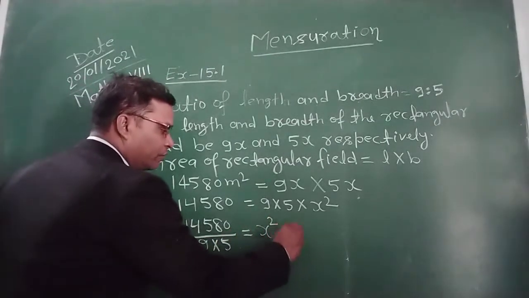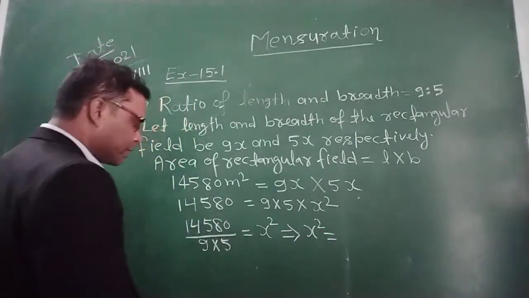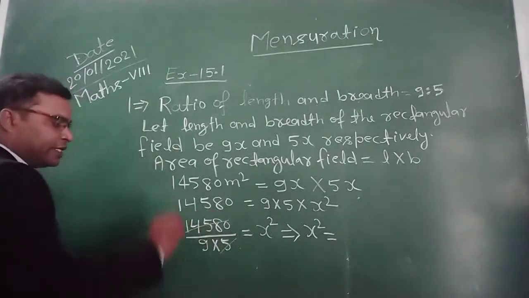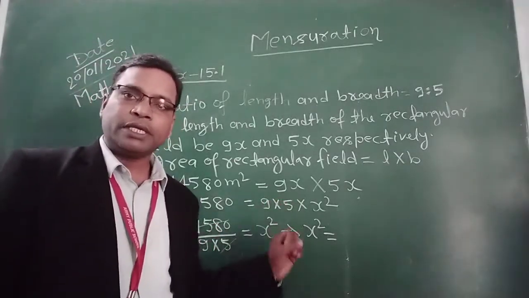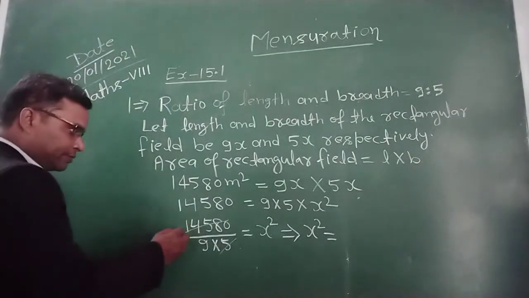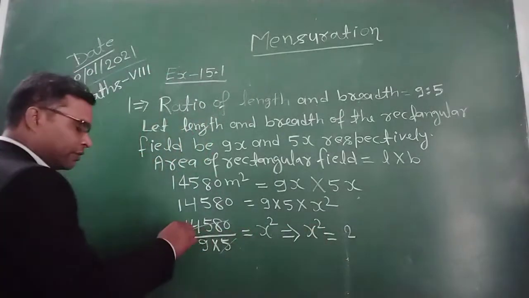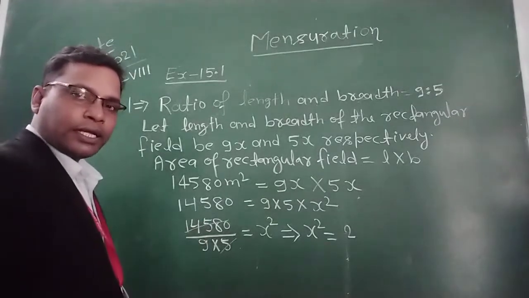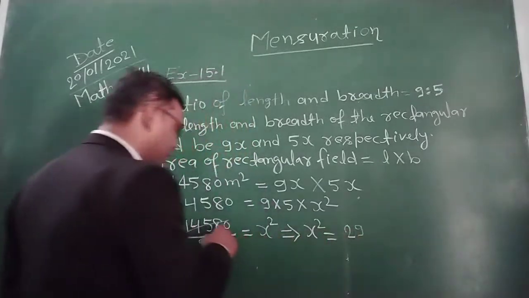Now you can write x square is equal to what? You can see here 5 is cancelled, because the unit place of the number is 0, which means this number is divisible by 5. So 5 into 10, we have 4 and 5, 45, and 5 9s are 45. Now here we have 80.